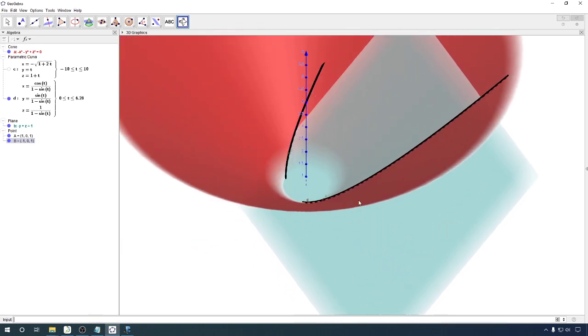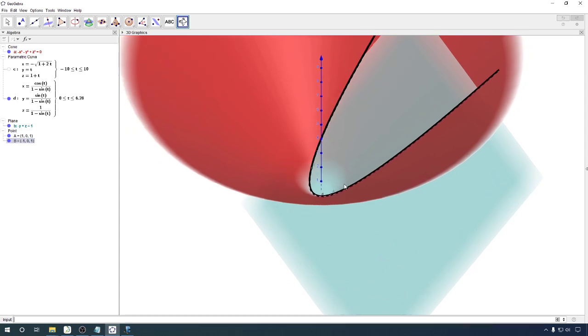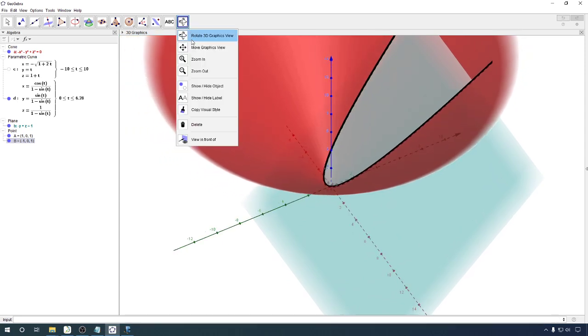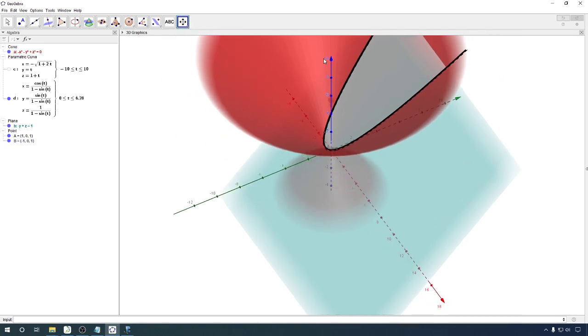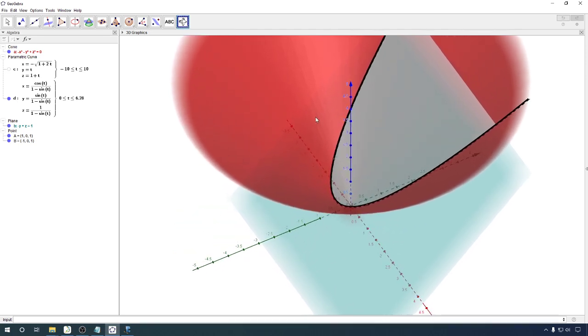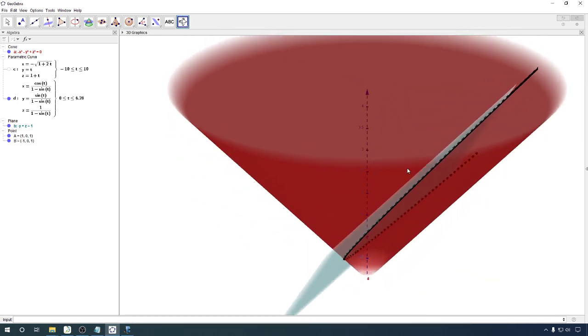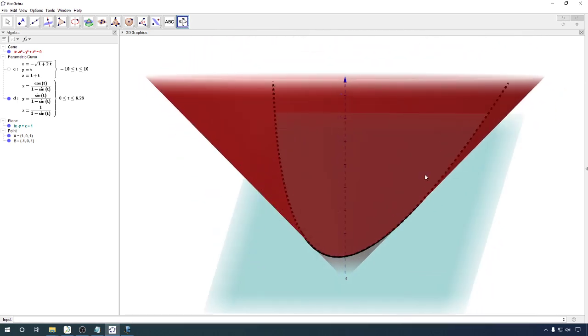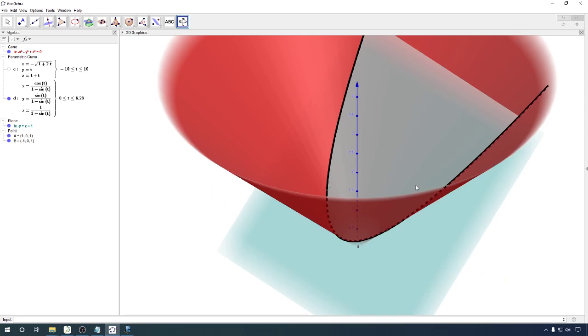Do I need to zoom in? Make sure I don't. Need to move that up so it doesn't cut it off. Why am I not seeing the points?